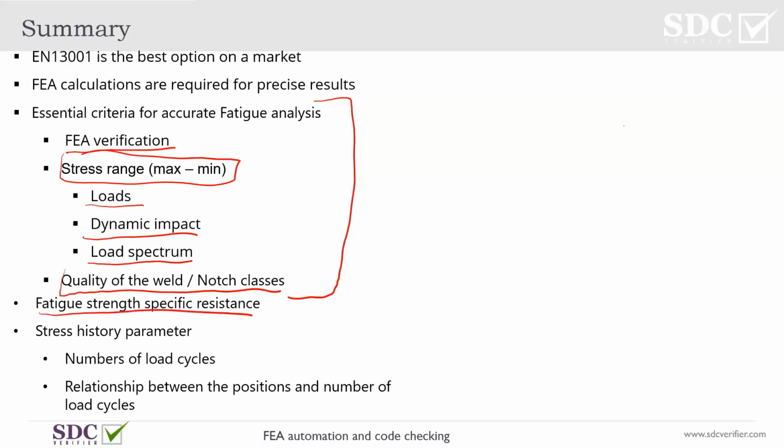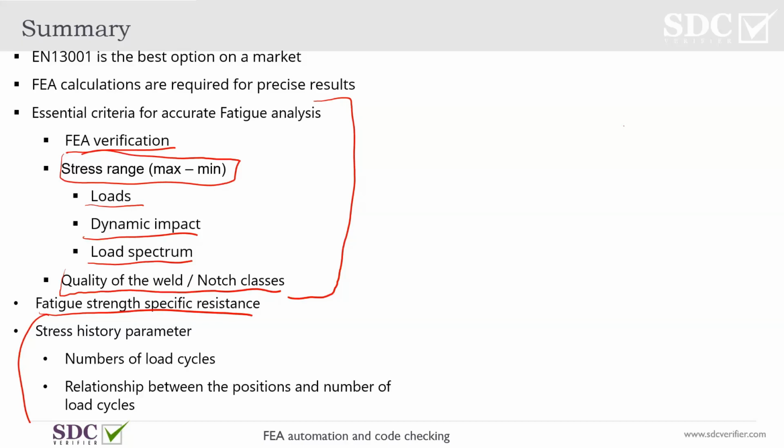Next thing is about accessibility of our parts, which involves additional safety according to the standard, so whether your part is accessible or not, and of course at the end, the stress history parameter depending on the number of load cycles and positions on our design.